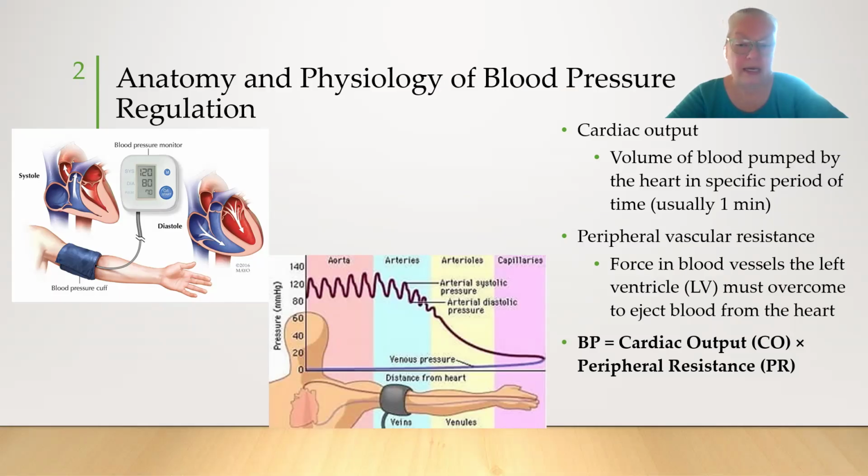The MAP is essential for ensuring that the organs are receiving enough blood flow to meet their oxygen and nutrient needs. In general, a MAP of at least 60 millimeters of mercury is considered necessary to maintain adequate blood flow to the organs, as well as our brain and kidneys.